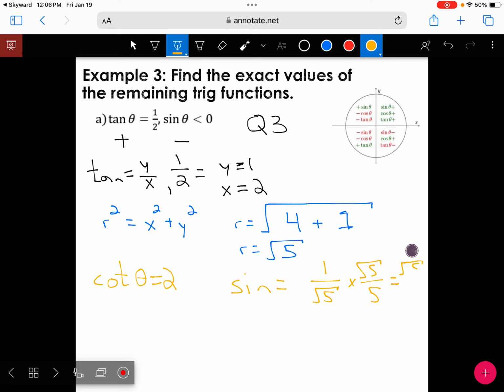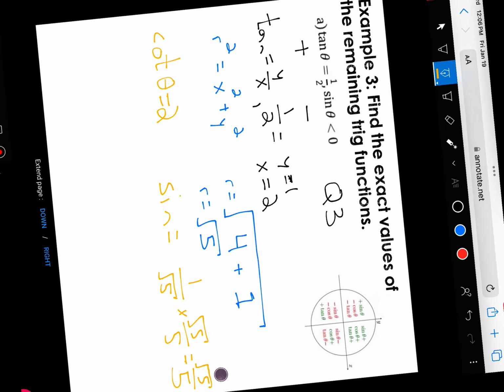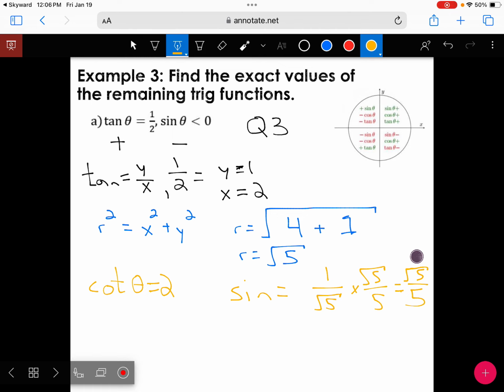Does everyone agree with me? Great. So what's the next one? Which one should we do if we just did sine? Cosecant, right. Do the sisters together. It's just going to make your life easy. And you can really do it really quick, right? Because we saw that sine was 1 over root 5. And that reminds me, I said there's 2 things wrong with that answer. We rationalized, that's 1. There's another thing wrong with that. We said our sine value was less than 0. This is a positive sine value.